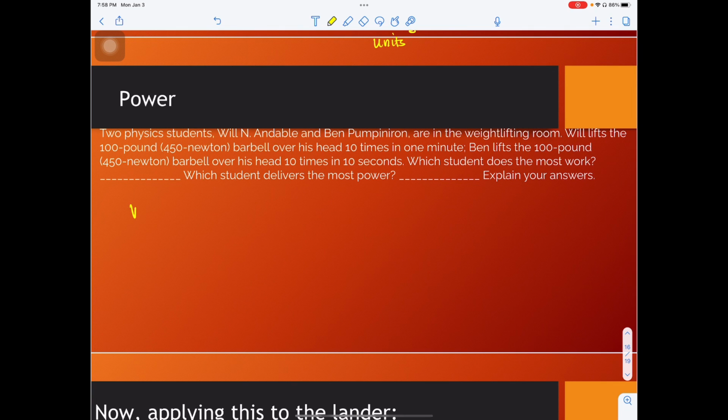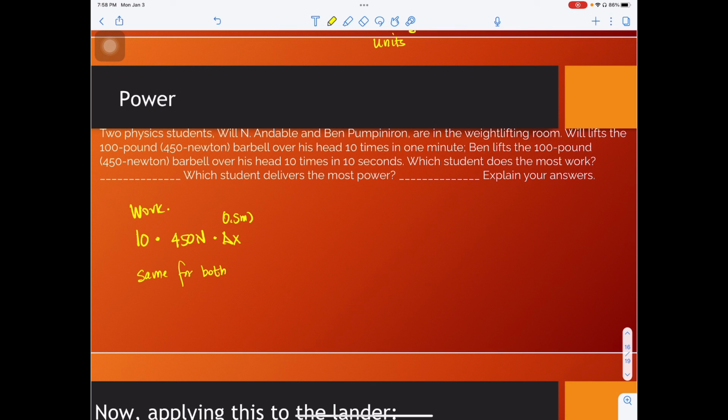All right, so let's think about the work. The work is going to be 10 times my force, which I know I'm lifting against is 450 newtons, times displacement overhead. And so this is the same for both. Let's just say that my delta x is 0.5 meters. I don't know how long people's arms are.